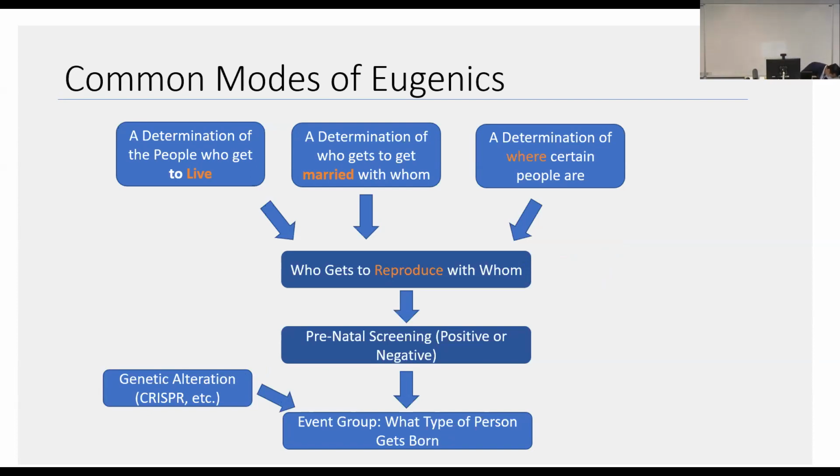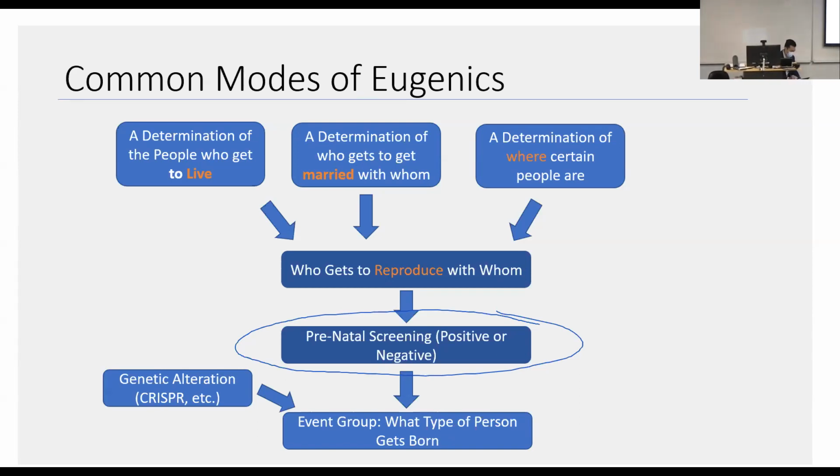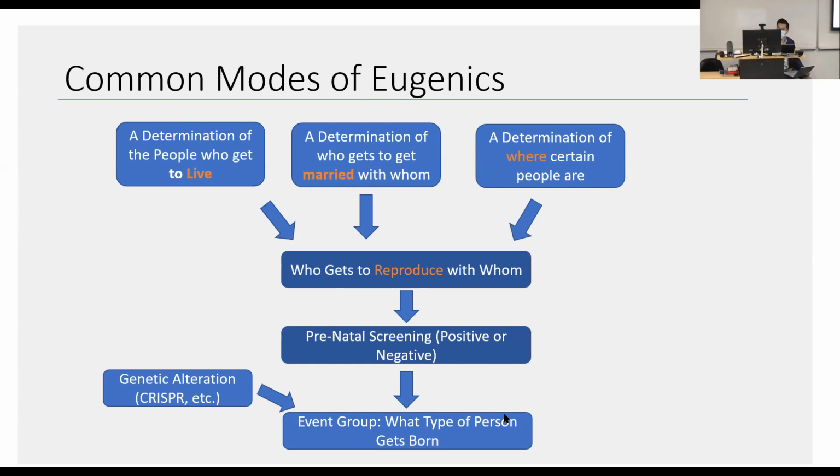I think one thing I want to say is, maybe I was slightly inconsistent with this. I don't mean to say that they all go through prenatal screening. Of course, sometimes people reproduce with others and then there's no prenatal screening occurring. Okay, in that case, let's move on.